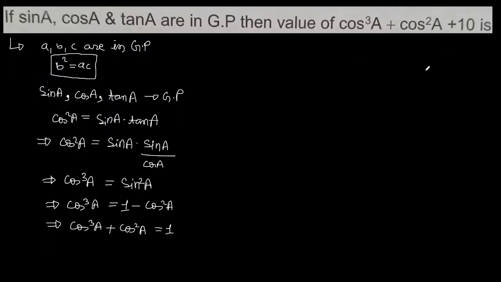Now in this we have to add 10 both the sides. So we have cos cube A plus cos square A plus 10 is equal to 11.